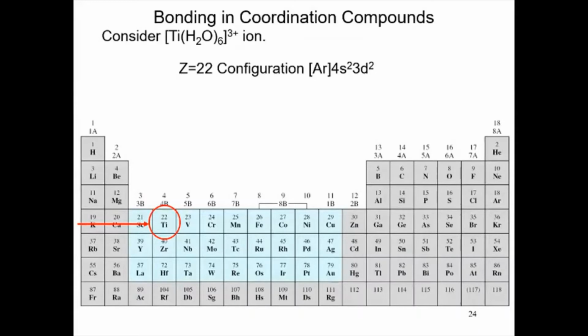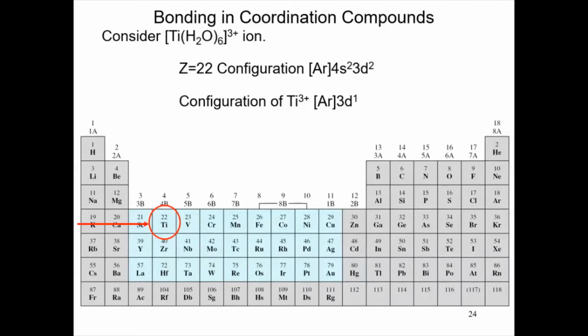The ion we're talking about, though, is titanium 3. It's a +3. And remember that with transition metals, when you start removing electrons, you don't start from the d orbitals, we start from the s orbitals. So the actual configuration of the titanium 3 ion is argon 3d1.